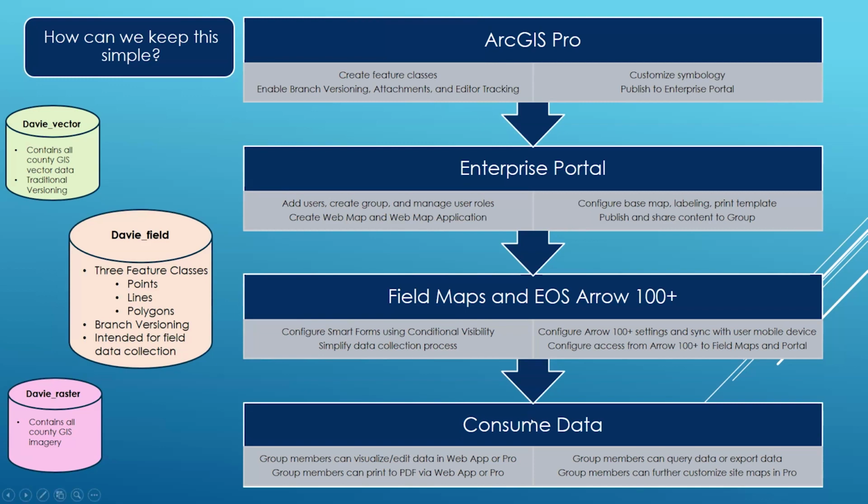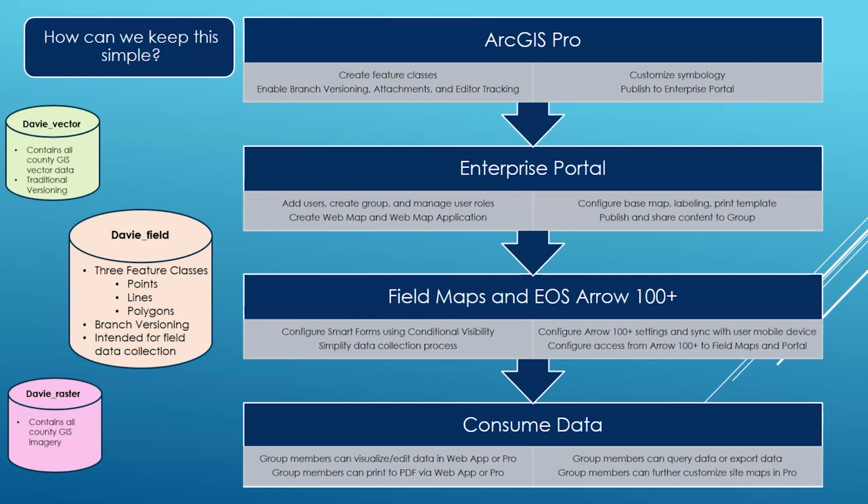This is an interesting thing that evolved over the past 6 months. They were primarily consuming data in a web map application, and through a custom print widget, they could print an area that they're focusing on, or they could access that in Pro.